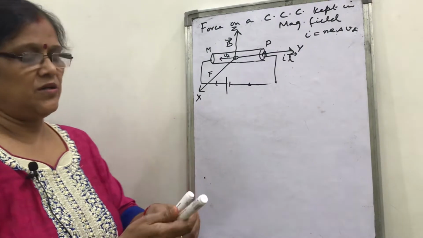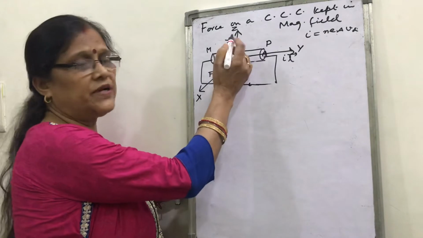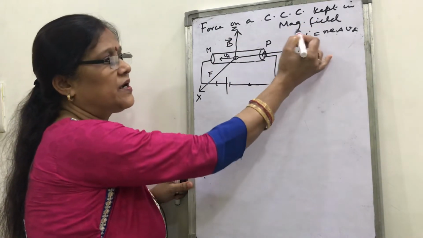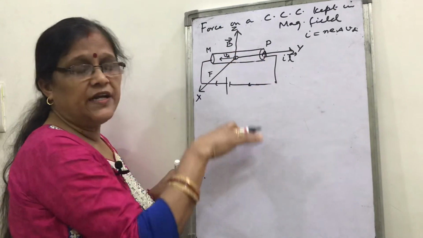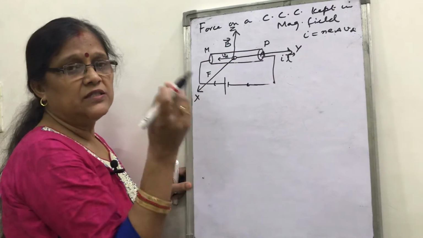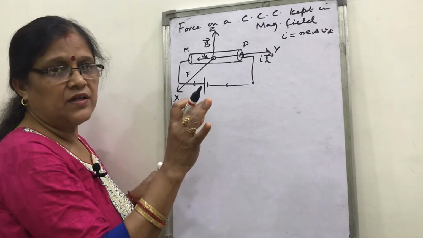In the previous video, we have read that force on a current carrying conductor kept in magnetic field and how the things are interconnected, when a single charge is moving in space in the magnetic field.